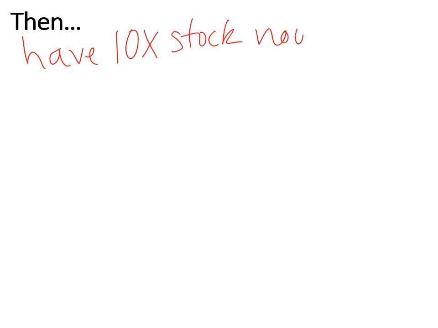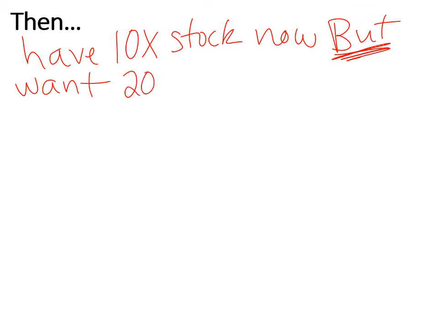Okay, because now we have the 10x stock, but that big old but always comes back. What did we say we want? We want 200 ml of 1x TE, right? Okay, so 1x TE is what we have to make now.